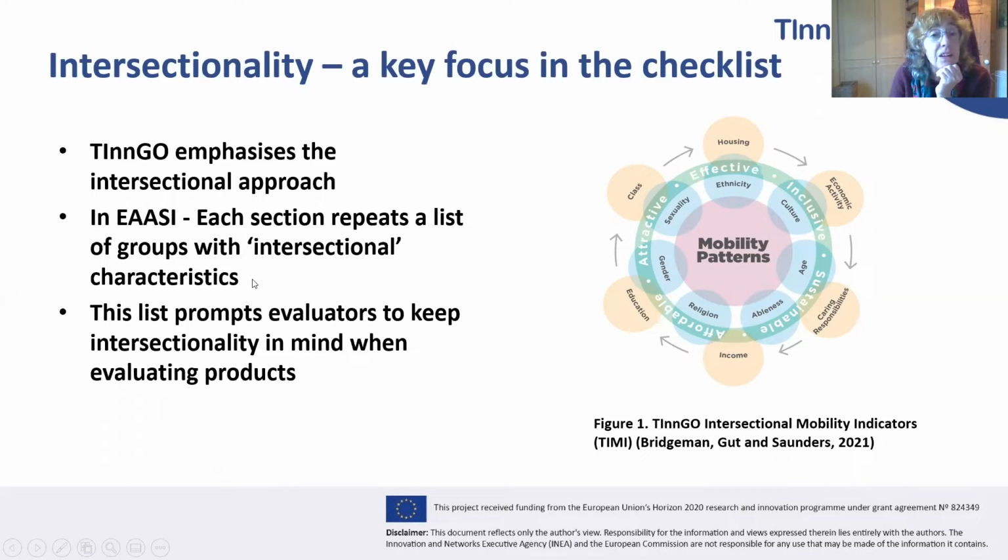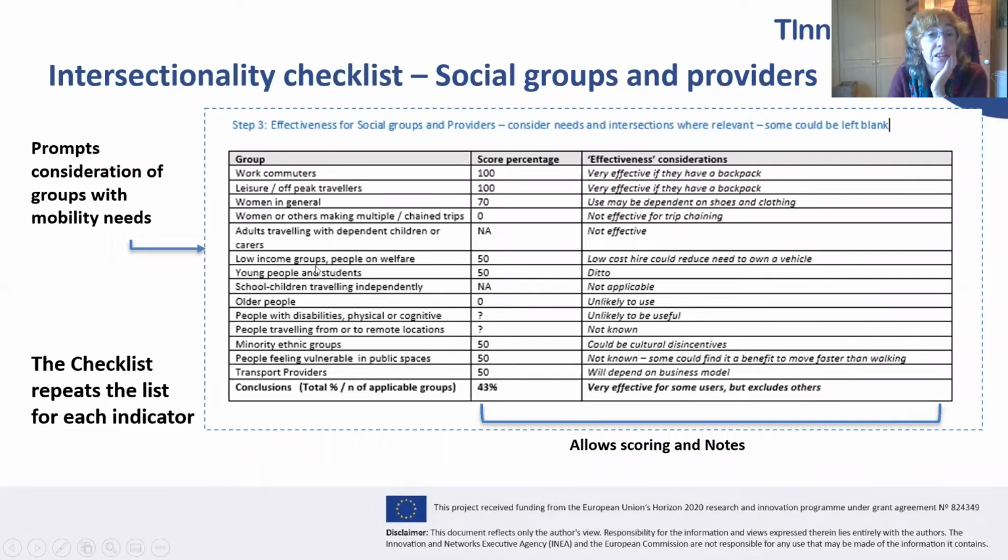But in EASY, each section in the tool repeats a list of groups that have intersectional characteristics. In doing that, it keeps prompting evaluators to keep intersectionality in mind throughout the evaluation. So here's the intersectionality part of the checklist, and we do this for each indicator. This is the one for effectiveness.